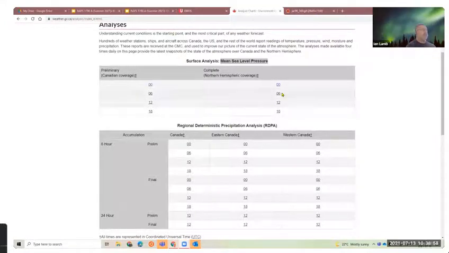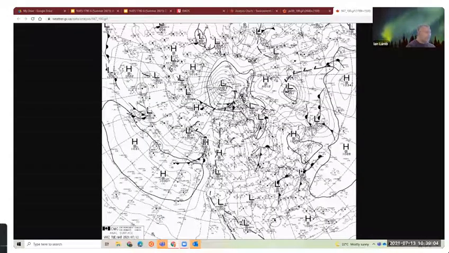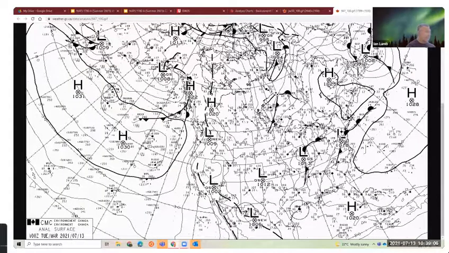Let me also show you what a surface analysis looks like. The first thing that's important about the surface analysis is the date and the time. Down here at the very bottom, you'll see that there is a date. This is current as of today, and the time here is given in UTC.